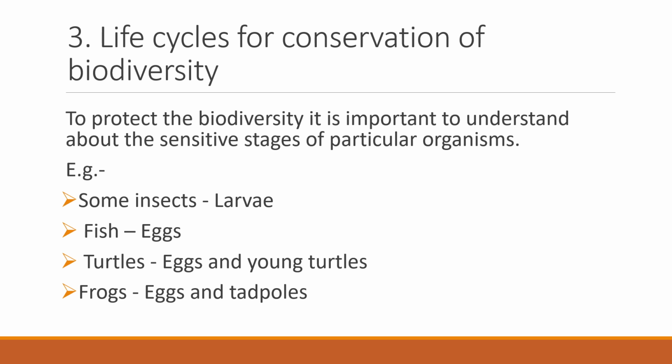So, if you want to conserve these animals, you should have a clear idea about their life cycle, and you should know what the sensitive stages are, or what the stages are that are under threat of being destroyed. So, you can apply different measures to conserve those stages and to prevent the damage caused to those stages of the life cycle.